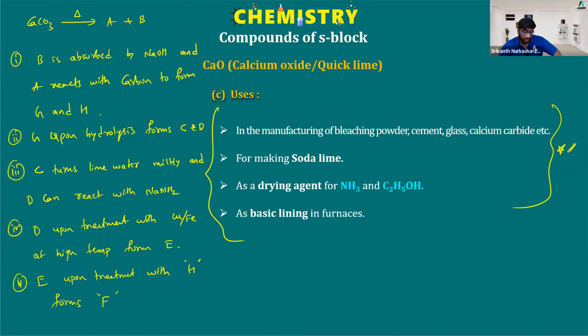I have given a question like this: CaCO3 upon heating forms A and B. If you heat CaCO3, you will get CaO and CO2. A and B are obtained whenever you heat CaCO3.